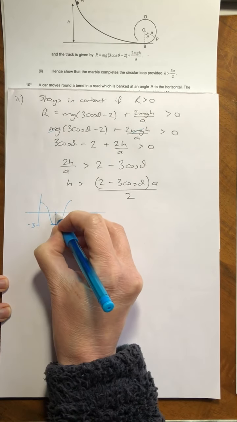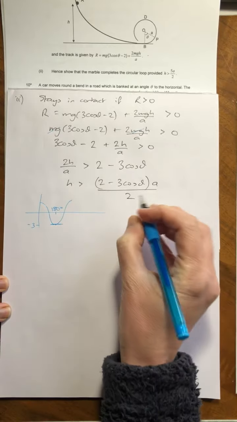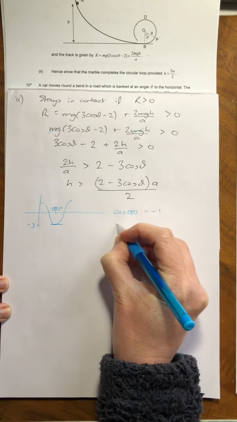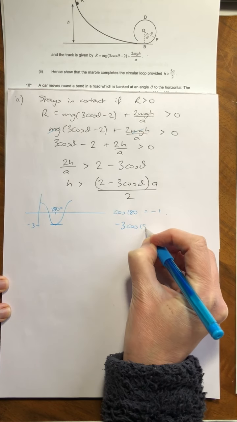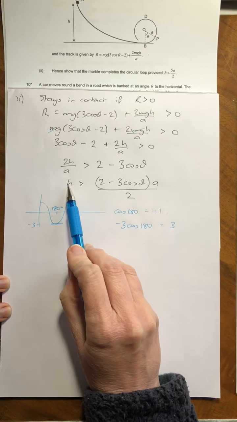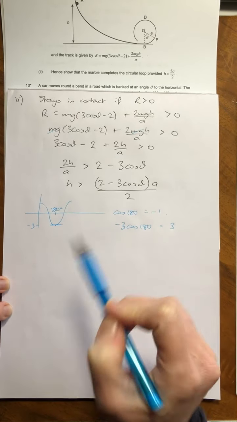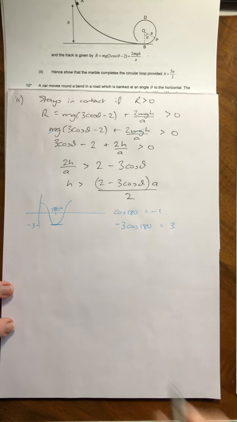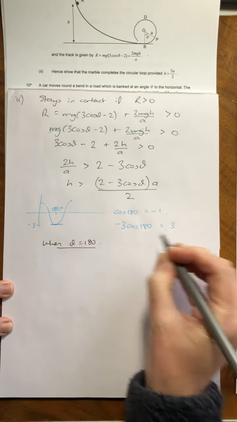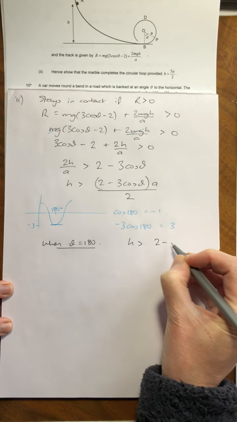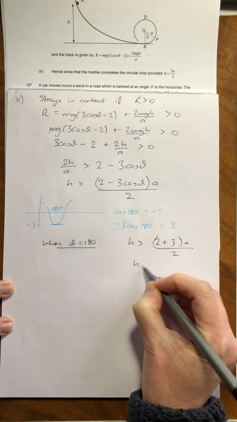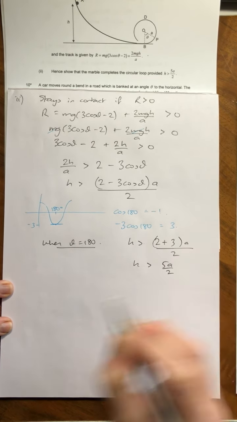You know that at 180 degrees, cos of 180 is equal to -1. So -3 cos 180 will be equal to +3. So it means that this will always be true when we have this particular instance here. And when theta is equal to 180, then h is greater than 2 plus 3, as I showed up there, all over 2. In other words, 5a over 2.